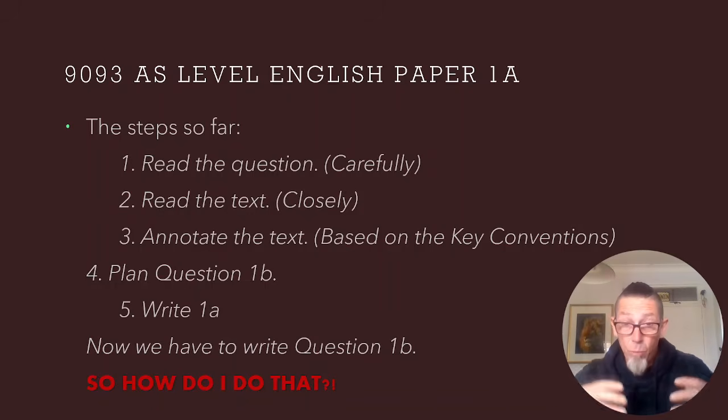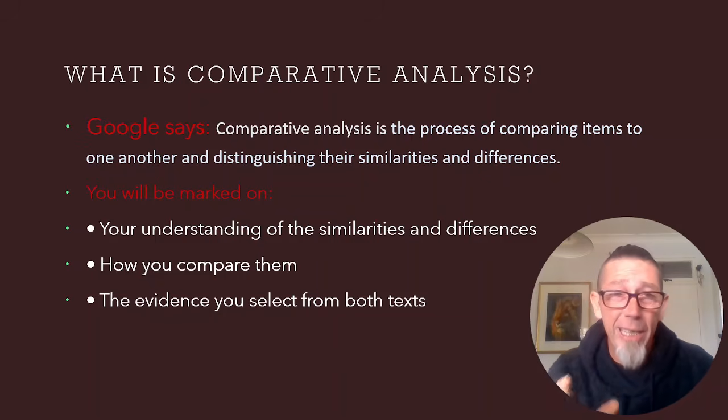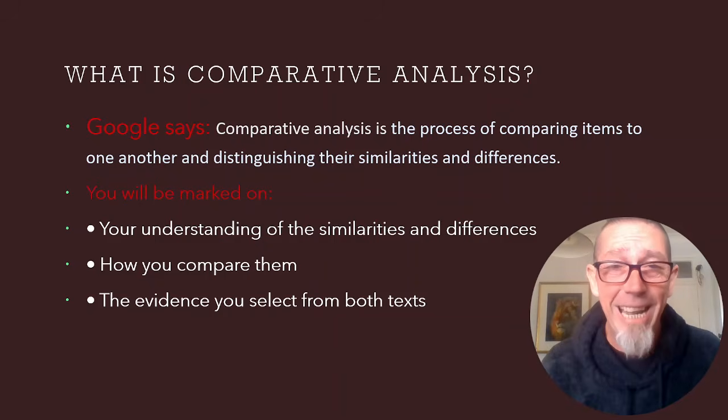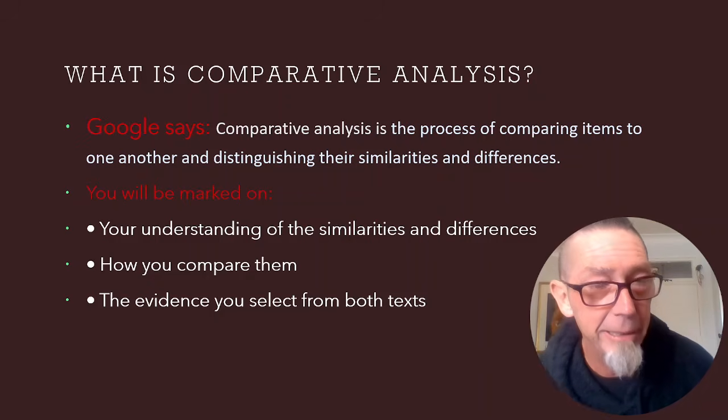Okay, so now we've got to write the 1B. So how are we going to do that? How are we going to write that 1B and be effective? So, firstly, I wanted to bring up what is comparative analysis. Google says, and everything that Google says has to be absolutely 100% correct, right?